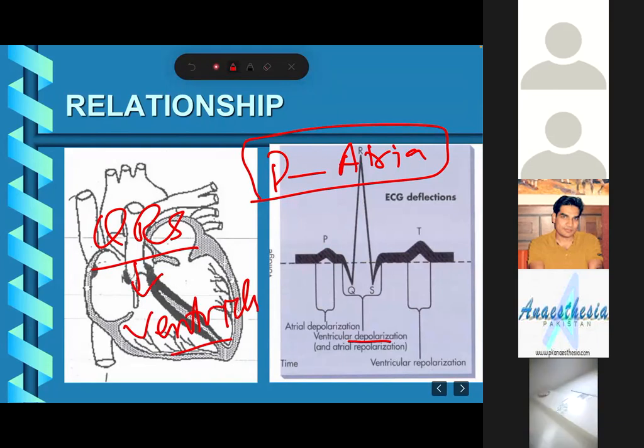The atrial repolarization has such a small voltage that it is buried under the QRS complex. Ventricular repolarization is demonstrated by the T wave. So in general, the atria are represented by the P wave and the ventricles by the QRS complexes. We find the findings of ventricular abnormalities majorly in the QRS.